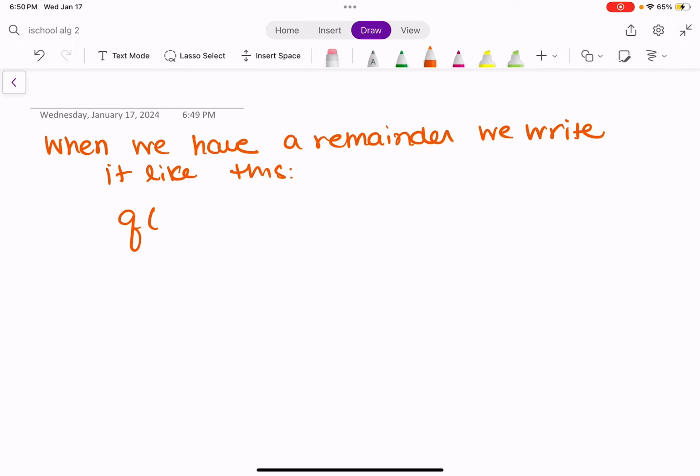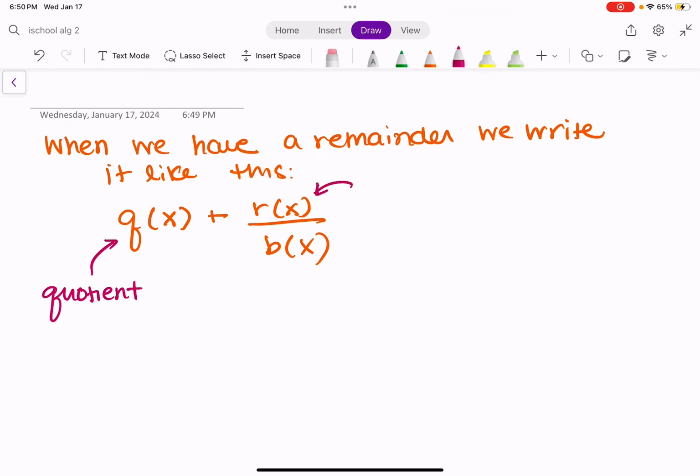So I'm going to write it out first, and I'm going to explain. Okay, so we always have our quotient, so that's whatever's on the top, right? We have our remainder, and we put the remainder over the divisor. Okay, the divisor is the thing on the outside.